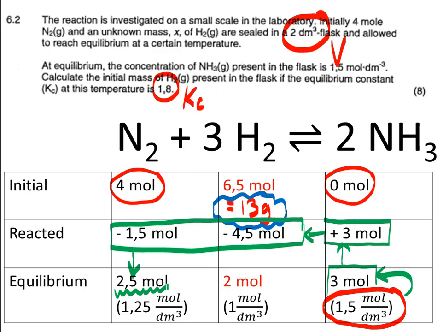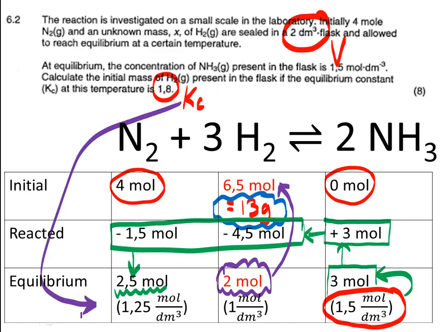So now we had the number of moles of nitrogen and the number of moles of ammonia that we had at equilibrium. If we could just know the number of moles of hydrogen that was also present at equilibrium, we could work backwards to find the number of moles of hydrogen there must have been at the beginning. So how do we find that number of moles of hydrogen? We make use of the Kc value.